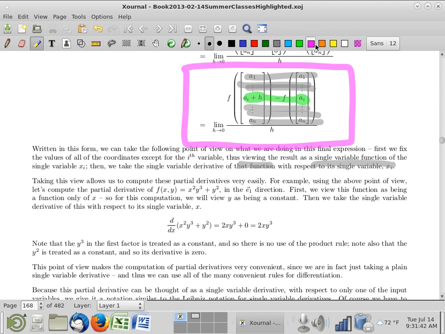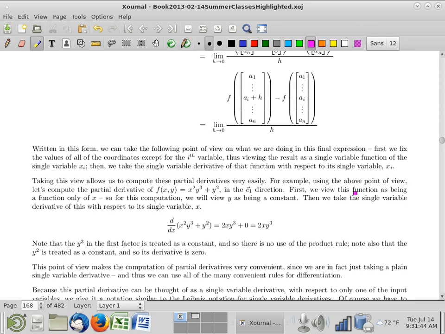So, for example, let's look at how this plays out. This is the last example we did last time, as I recall. We've got a function here of two variables, a function of x and y. But if we're taking the partial derivative of this with respect to x, or said differently, if we're taking a directional derivative with velocity vector e1, then x is the only variable that's changing.